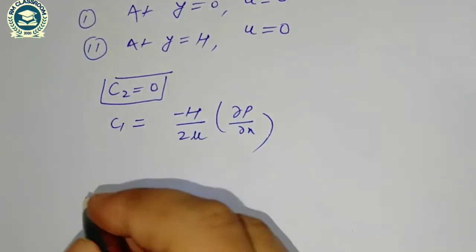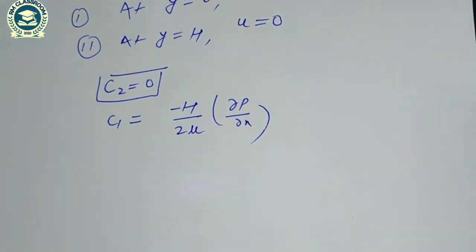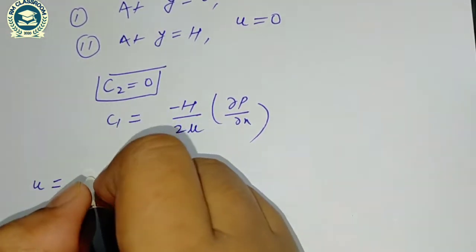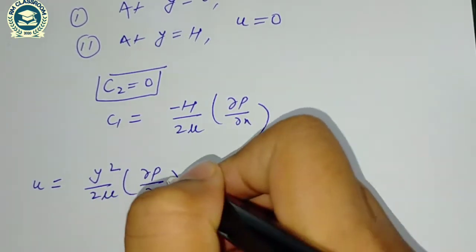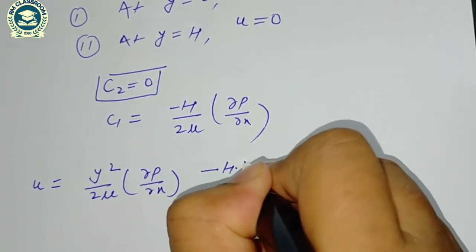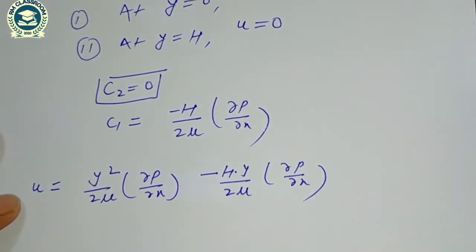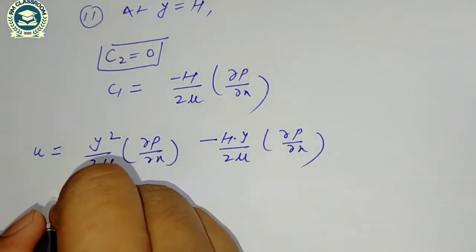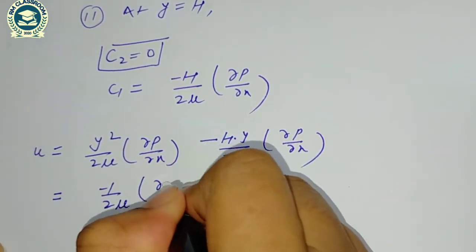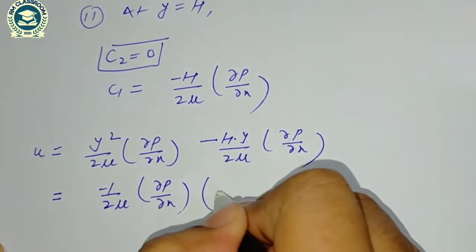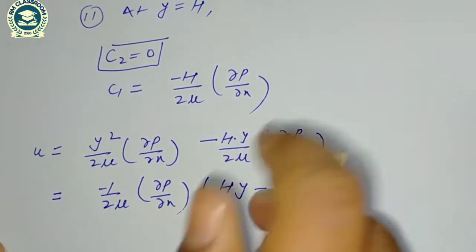So the expression of velocity by equation first is y square by 2 mu del p by del x minus h into y divided by 2 mu del p by del x. Taking del p by del x common, it is coming 1 by 2 mu minus del p by del x into hy minus y square.